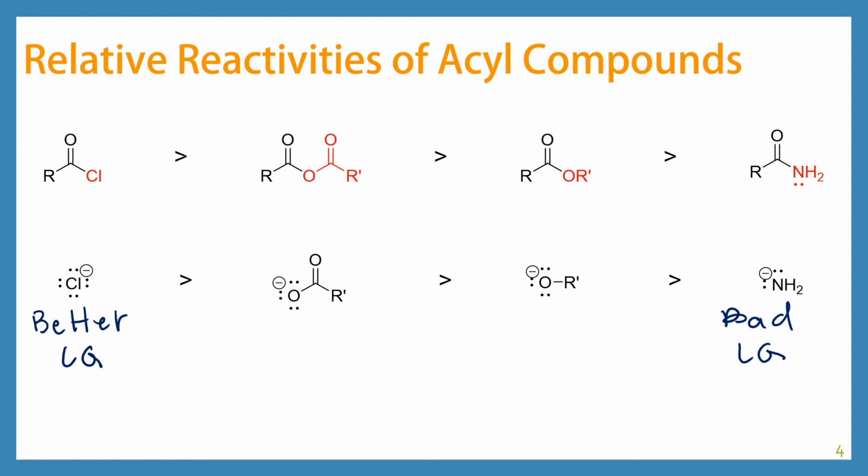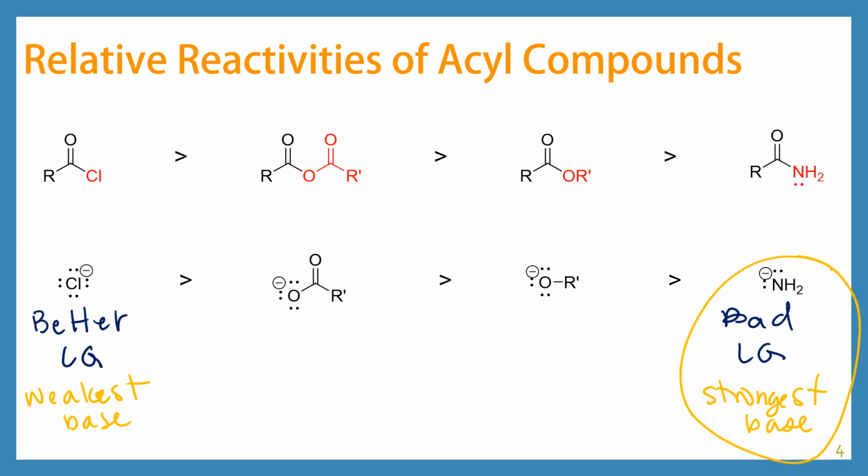That has to do with their basicity. Chloride is the weakest base in the list here, whereas azanide is the strongest base. So we have to look at this as a question of stability. Is a reaction that produces a very strong base more favorable than a reaction that produces a weak and less reactive base? Not so much.